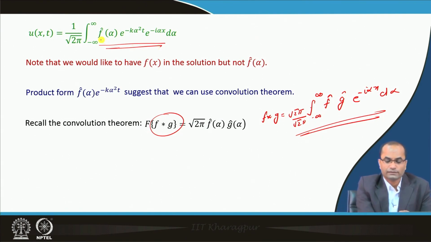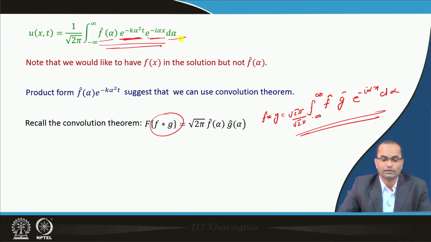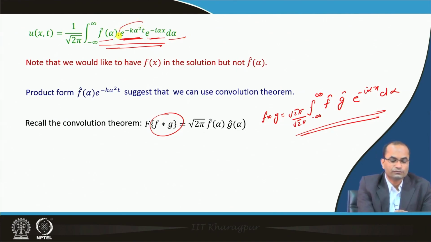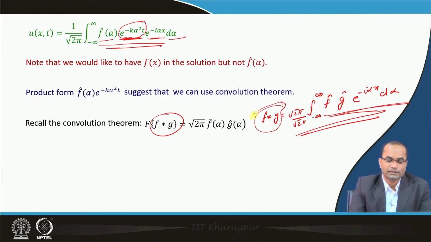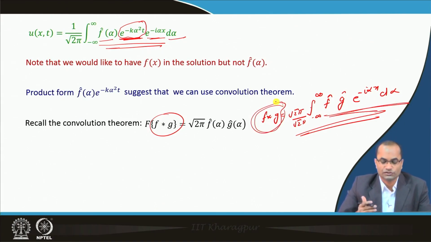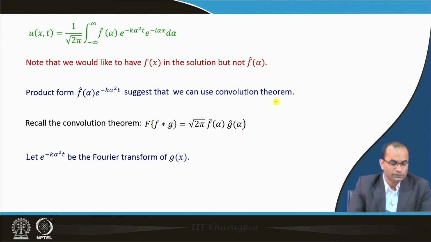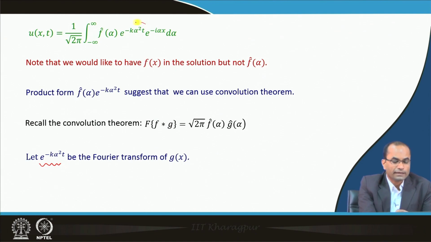So, f hat, then we have something here which is g hat, and then e power minus i alpha x, and then d alpha. If we know whose Fourier transform is e power minus k alpha square t, then we can write this integral as the convolution of f and g.